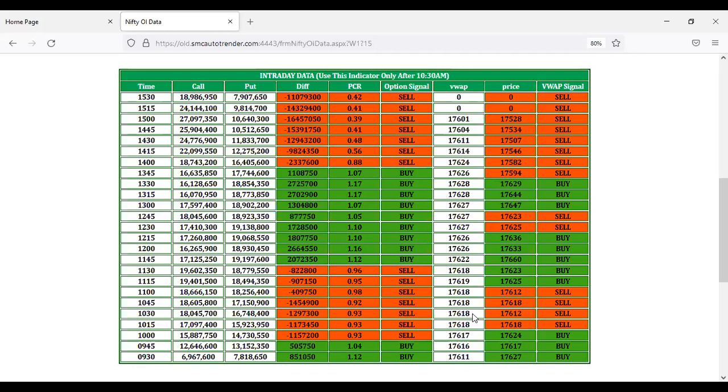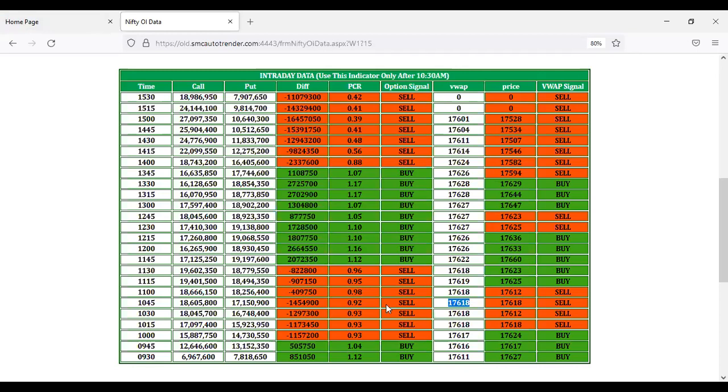When you are taking a call option, your stop loss would be VWAP minus the volatility points. So in our case, when the VWAP is 17,618, what would be your stop loss? Considering you take 30 points hit, it is 17,650 or 648, or little stretched also. If you take, then it can be taken care of.